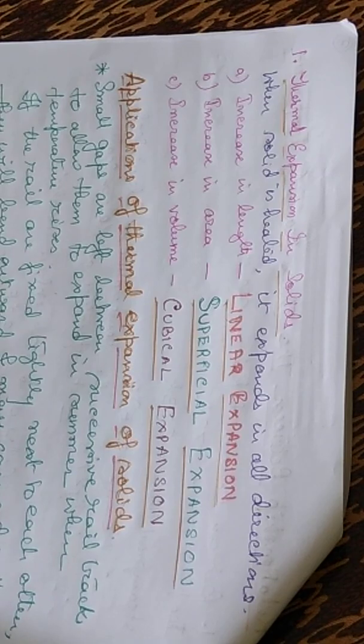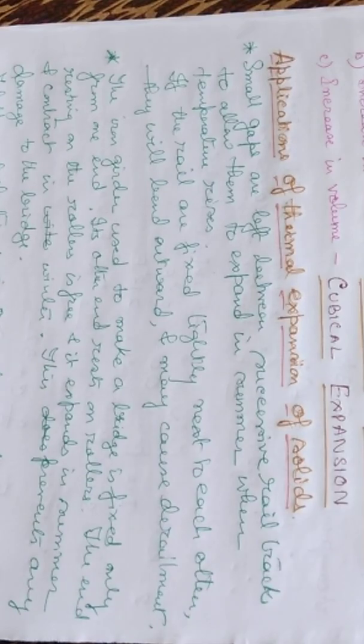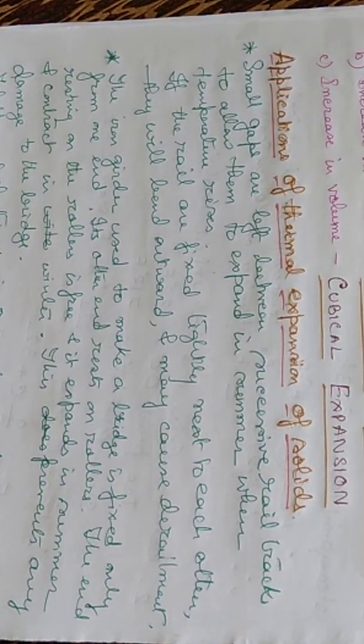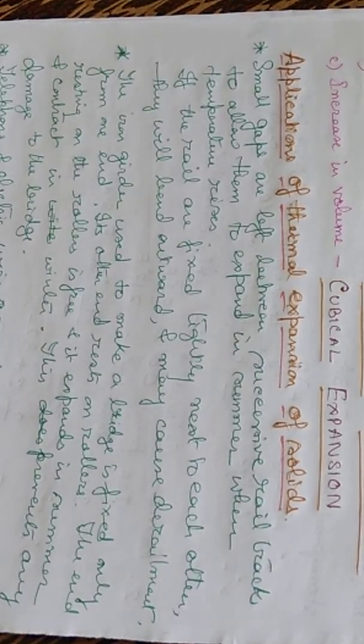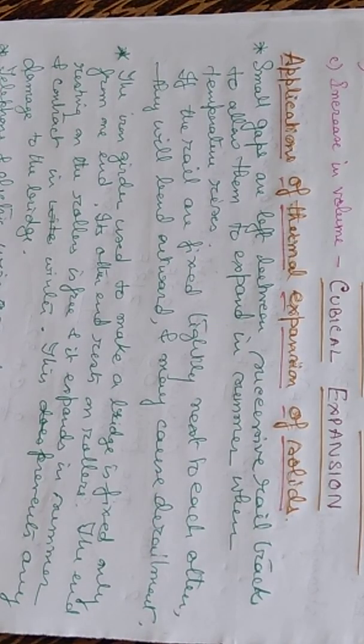Now, applications of the thermal expansion of solids, where we can apply these types of expansions. We see small gaps left between the successive rail tracks. When the railway lines are placed on the tracks, there is some gap left in between. Why? Because in summer, the railway tracks are made of metal and they absorb the heat energy from the sun and expand.